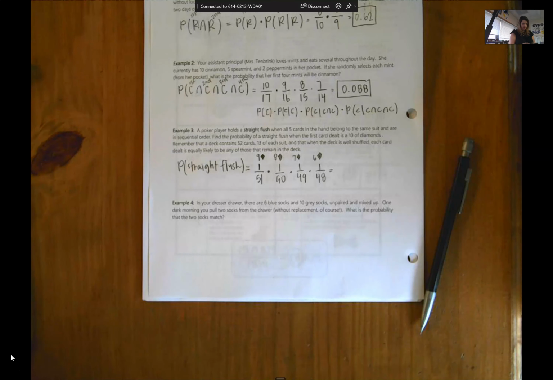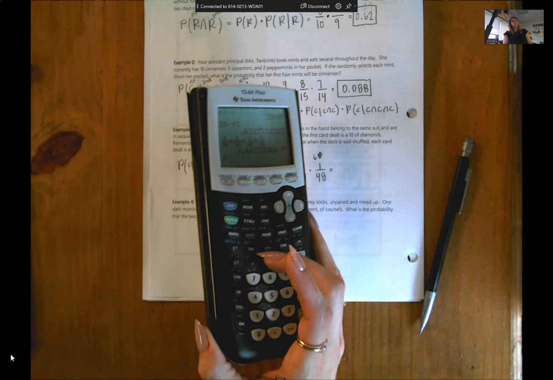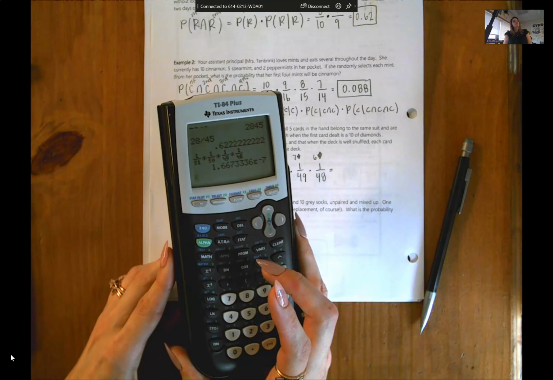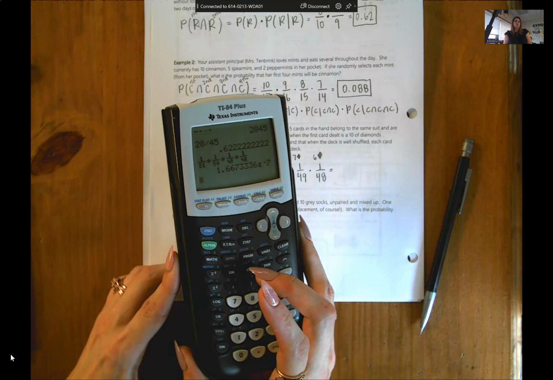Is it very small? You put it in negative scientific notation, so yeah. So basically, what value? 0.